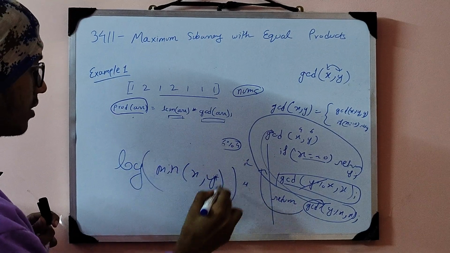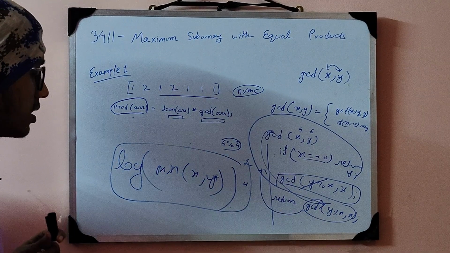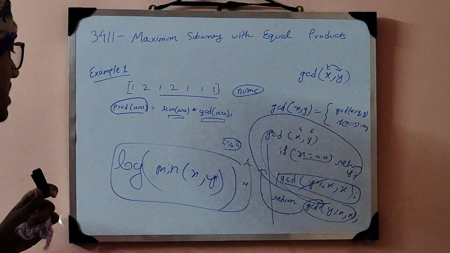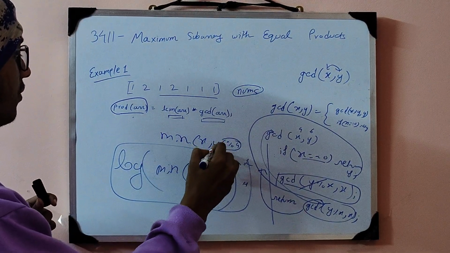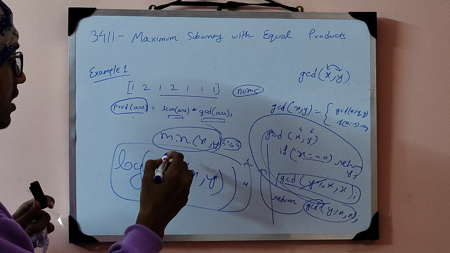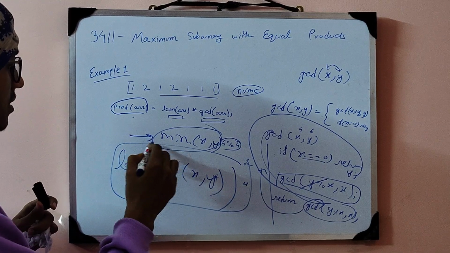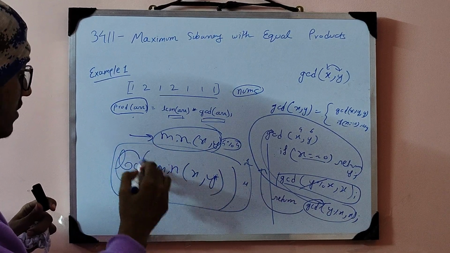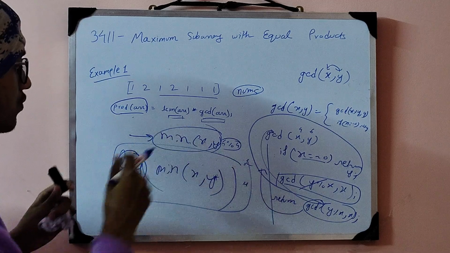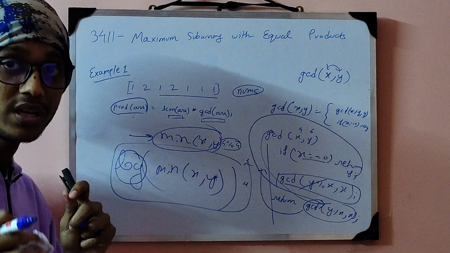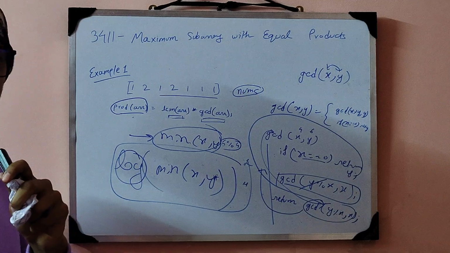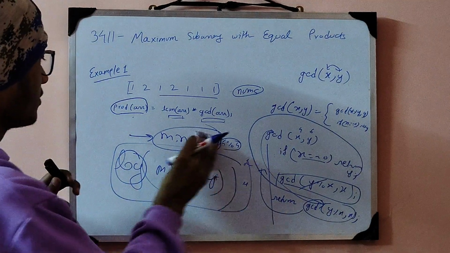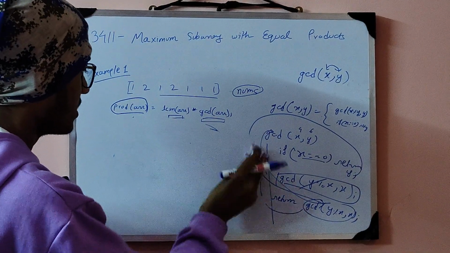This is a logarithmic function, and it will be much less than the previous approach of checking up to the minimum of x comma y. So this is an efficient way to calculate the GCD, and this is called the Euclidean method. So this way you can find the GCD of 2 numbers.